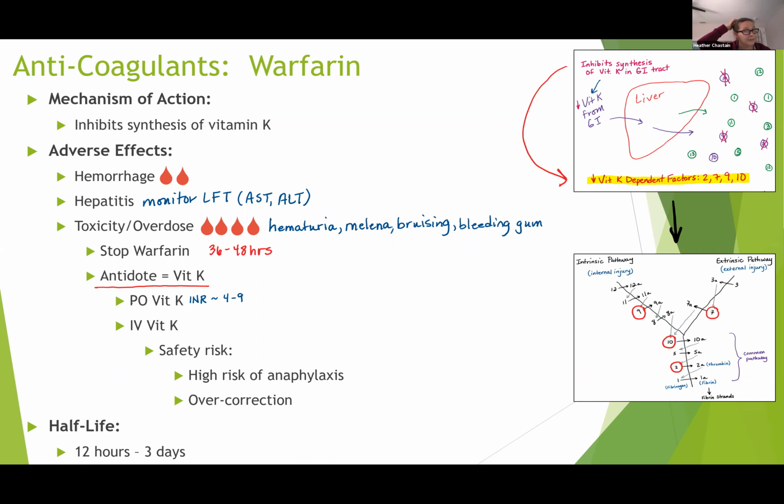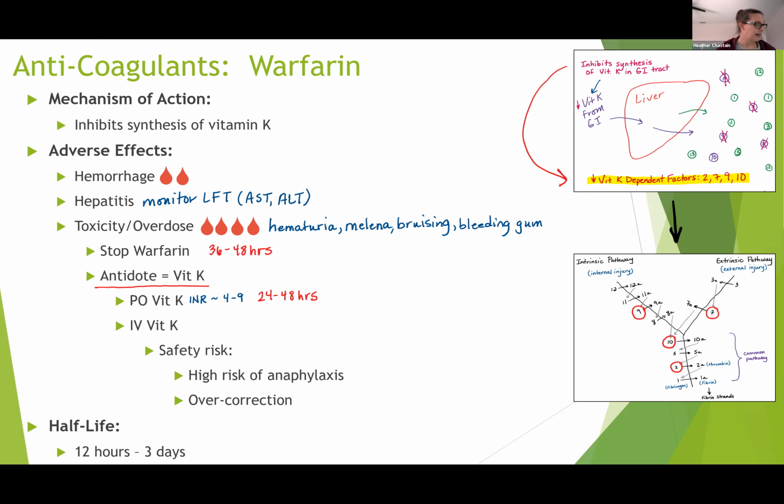So we do not give vitamin K until it's extremely long, okay? Even giving PO, it can take 24 to 48 hours for the maximum effect of that PO vitamin K. Okay, so we've decreased the time period. We went from 36 to 48 hours on its own to speeding it up to maybe 24 hours, right?